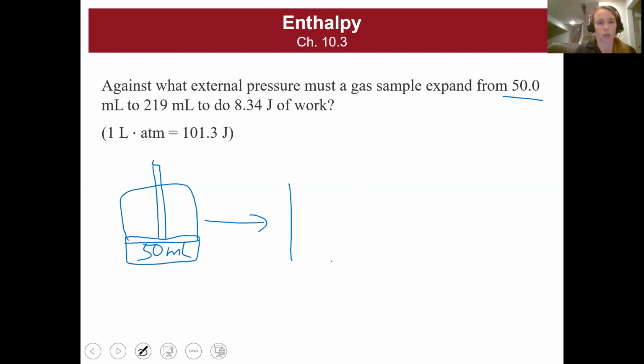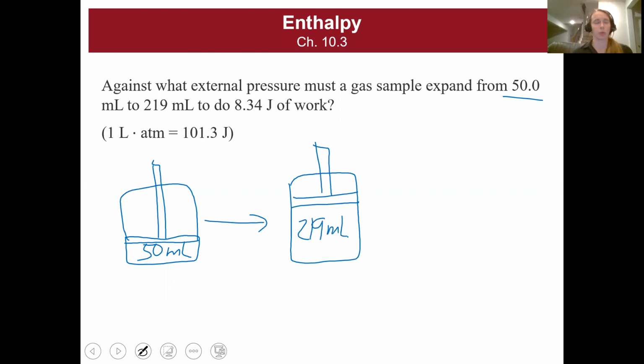And we are going to expand to 219 milliliters to be exact. So we want to expand and we want to be doing 8.34 joules of work.